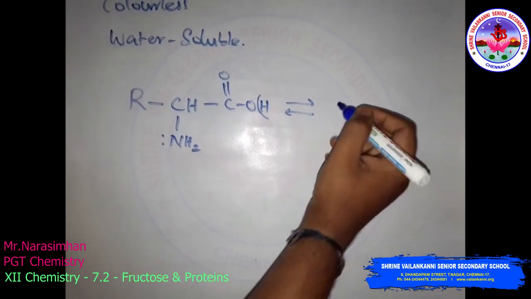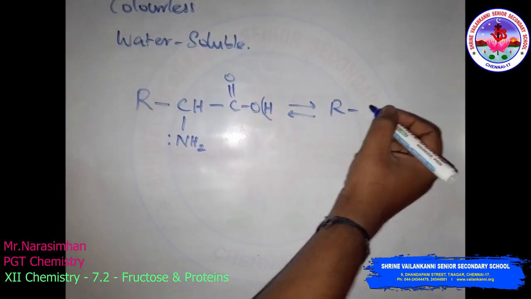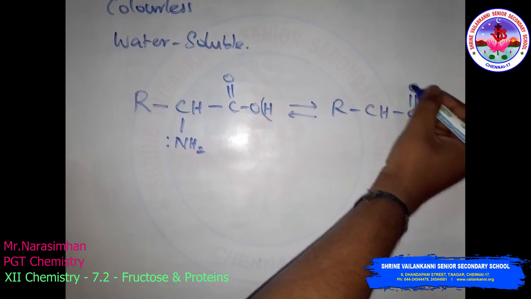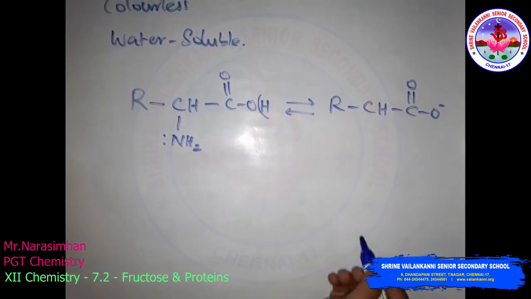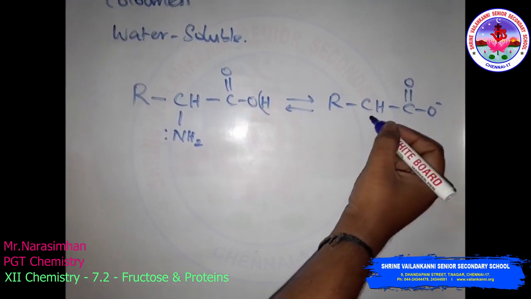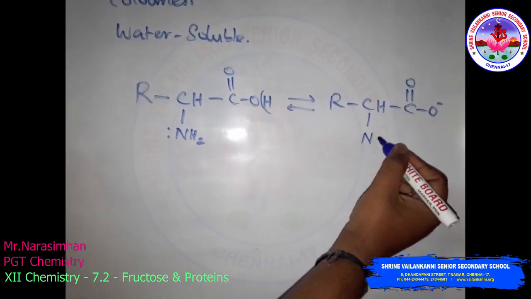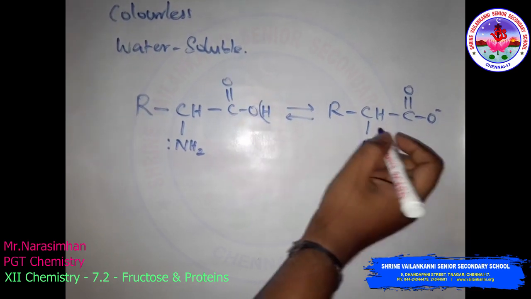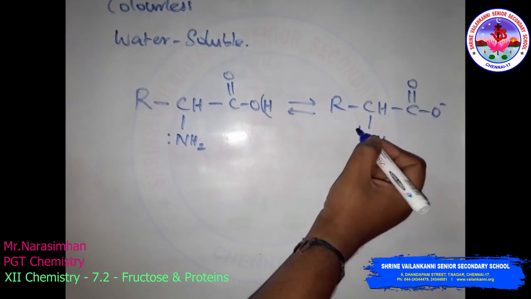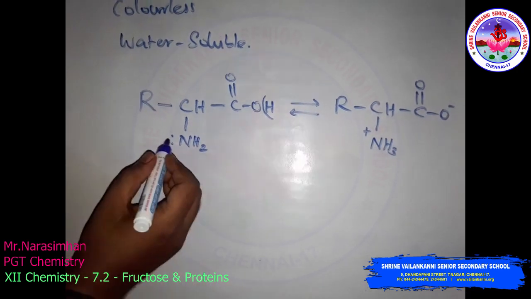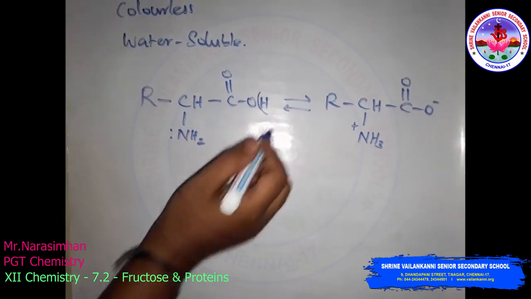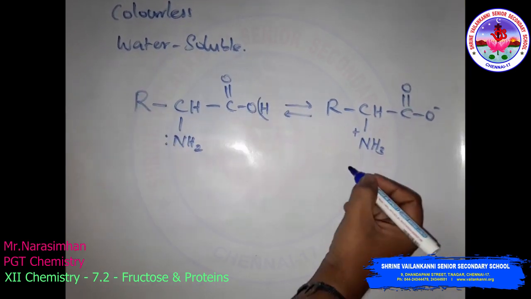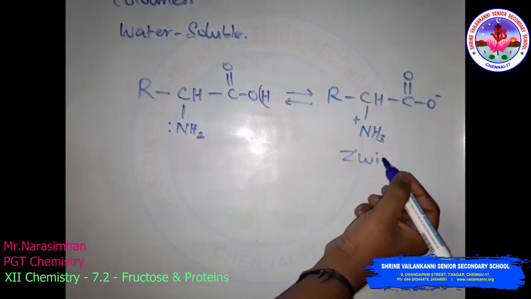So it forms a Zwitter ion: RCH, C double bond O minus, and the other end becomes NH3 plus, because the lone pair accepts the proton, just exchanging the proton from here to here. So it is called a Zwitter ion.